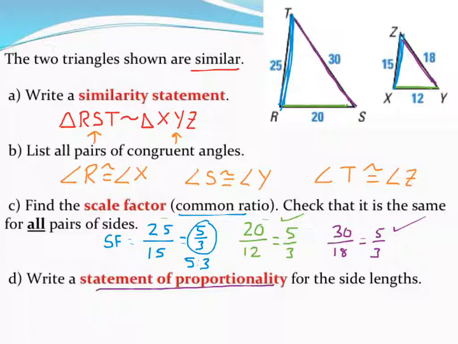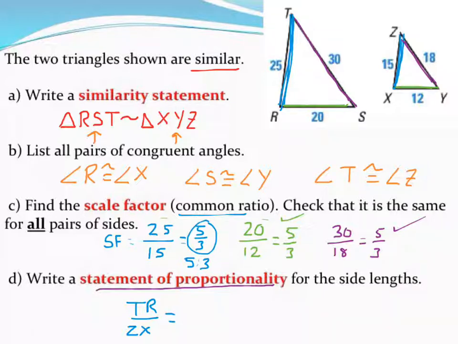And so let's match these up, and I kind of already color coordinated my sides, so let's use that to help me out. So going from the big triangle to the small triangle, I'm going to say that side TR, and that matches up to the other blue side ZX. They're not congruent to each other, but that ratio is equal to the ratio of all the other sides.